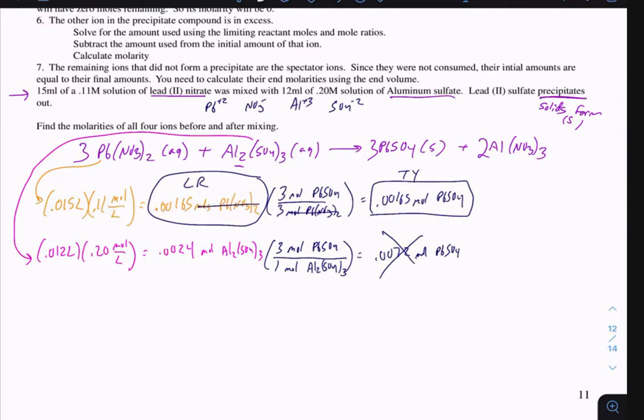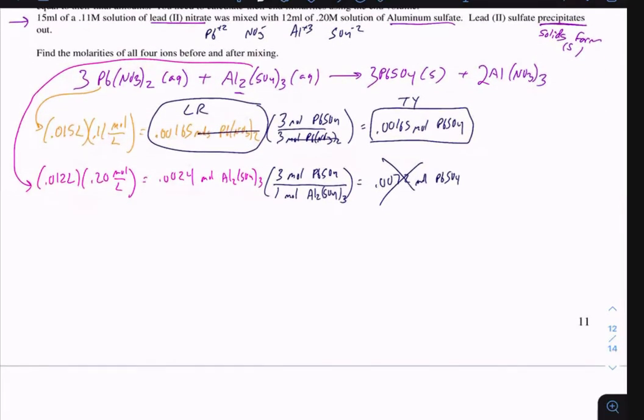All right. So I've identified the theoretical yield. I've identified the limiting reactant. Okay, so I'm going to make a little chart off to the side for my ions. And I'm going to work through these one by one.